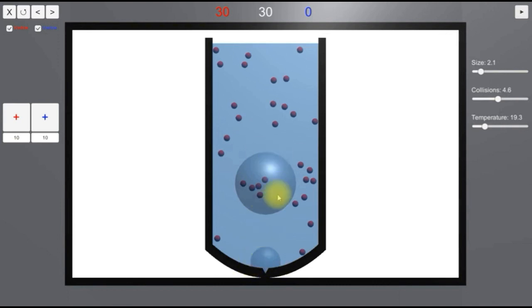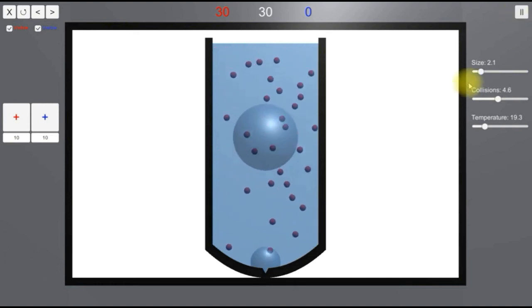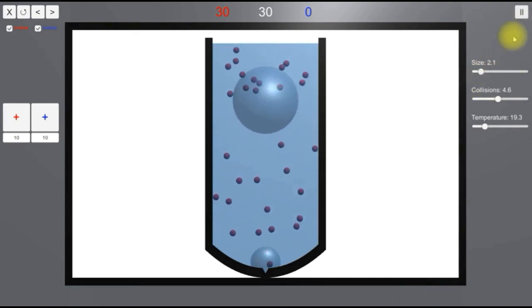And now it begins to rise to the surface. As it rises, it will continue to gather CO2 molecules from this liquid-gas interface by the process of diffusion, just as before. Let's keep the simulation running. As you can see, the bubble will continue to rise and gain CO2 molecules and grow in size.